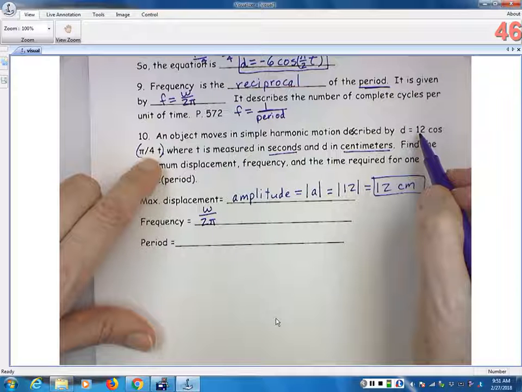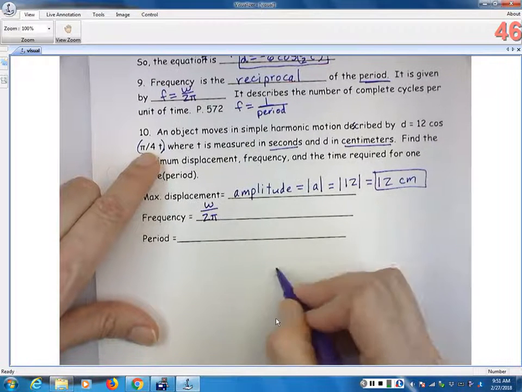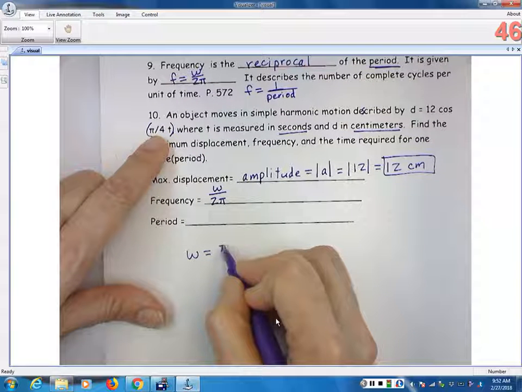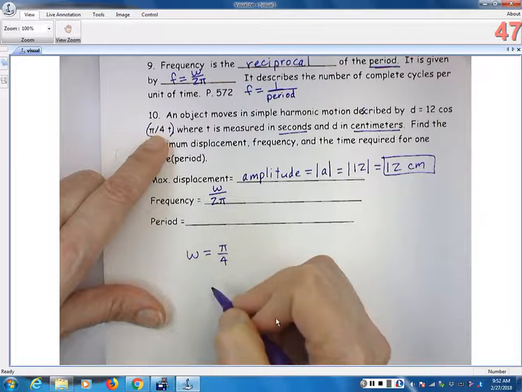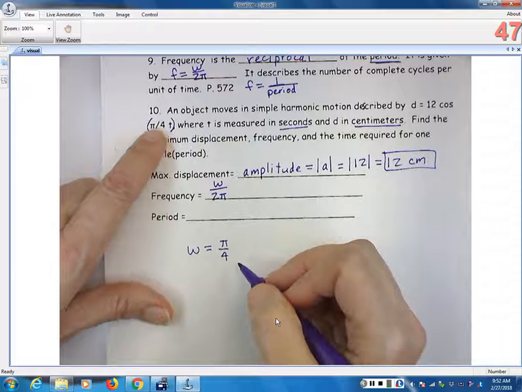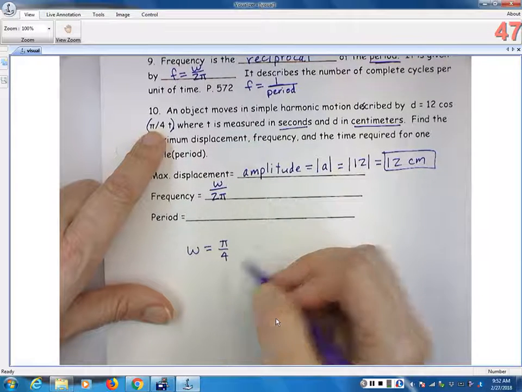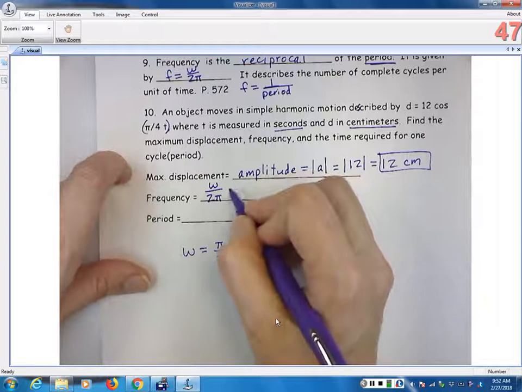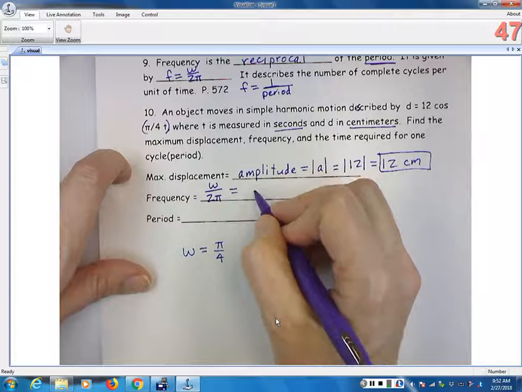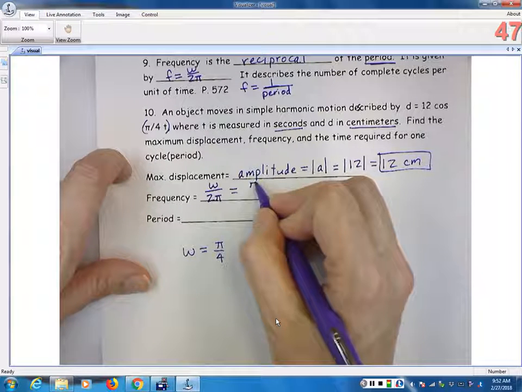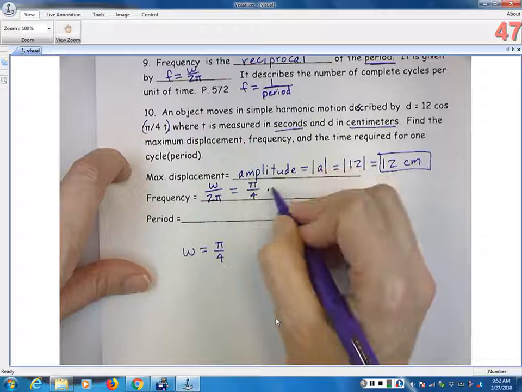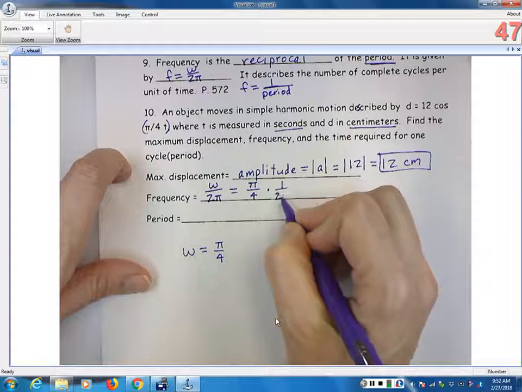Omega in this is pi over 4. A is 12, so frequency is pi over 4 times 1 over 2 pi.